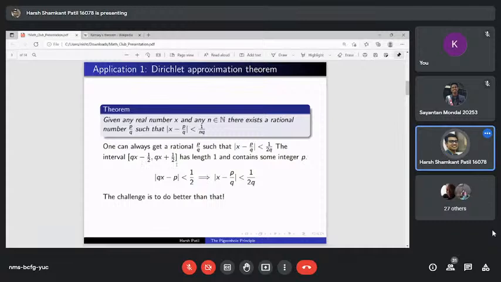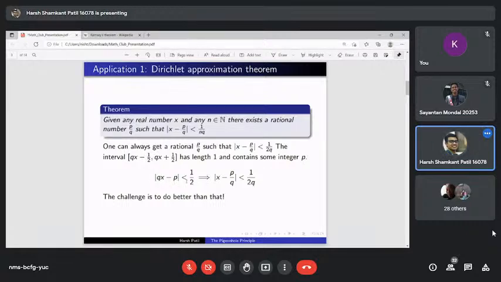This is an interval of length 1, and in any interval of length 1 there has to be at least one integer p, and that integer will satisfy this inequality, because it lies in this interval.